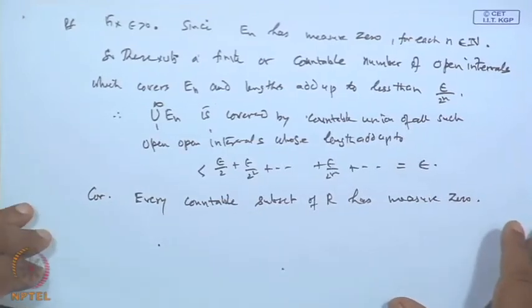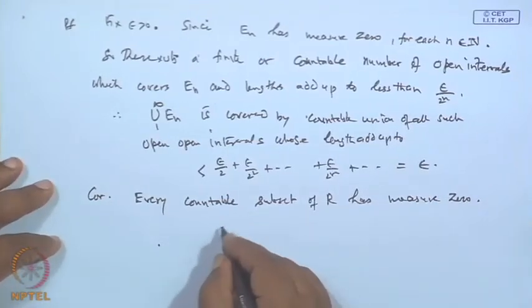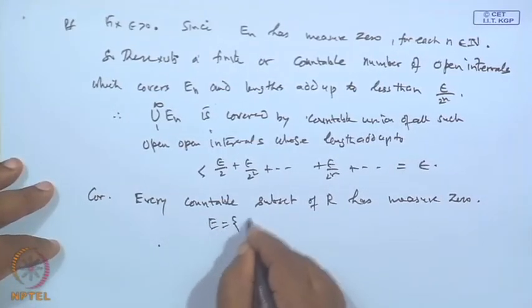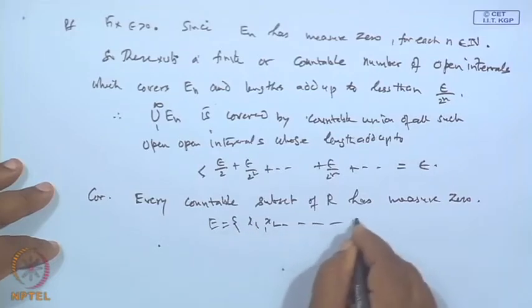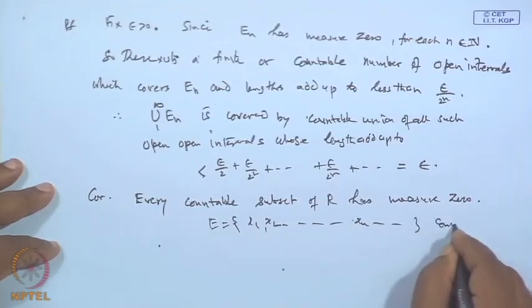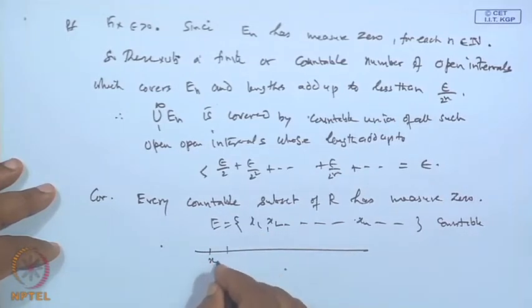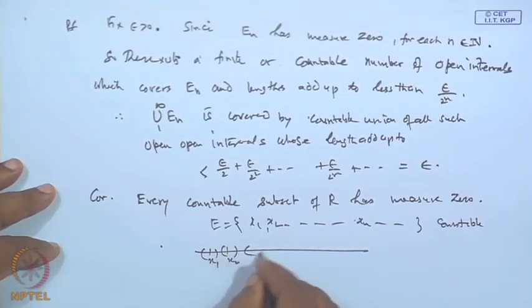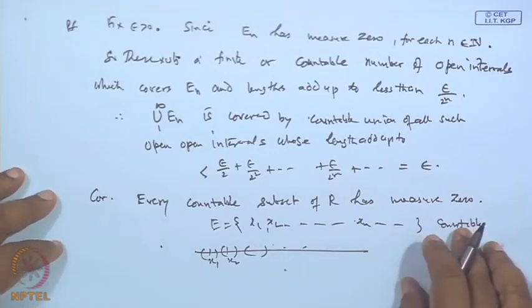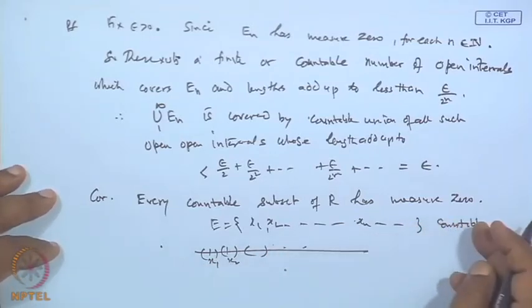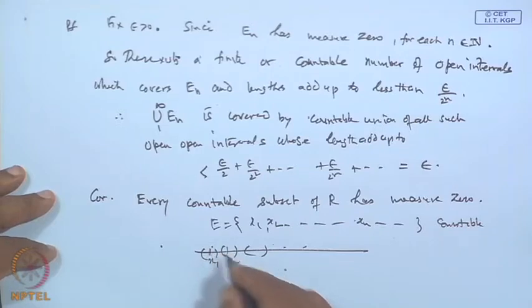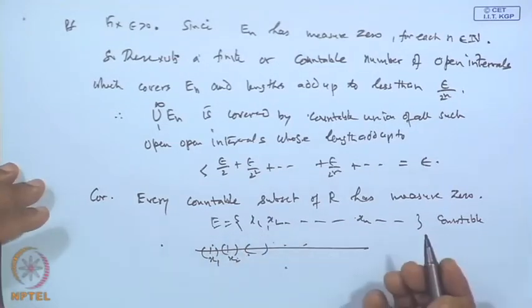Every countable subset, because the reason is, suppose E is a countable set, we can arrange it in the form of a sequence like this. Each one, x 1, x 2, x n, we can enclose by means of a countable number of intervals, and the sum of these will be less than epsilon. So the countable union of these will also be less than epsilon.